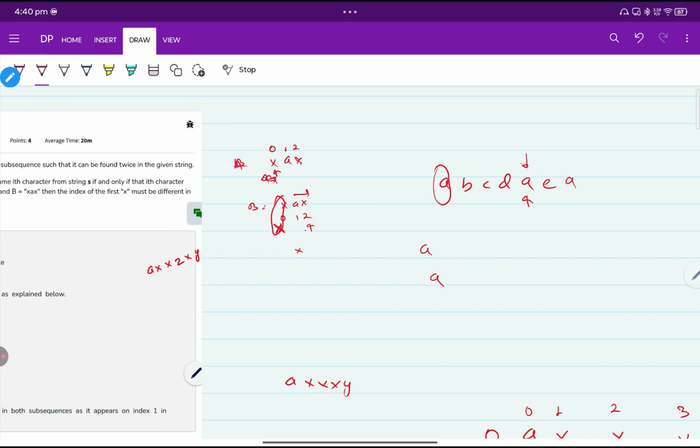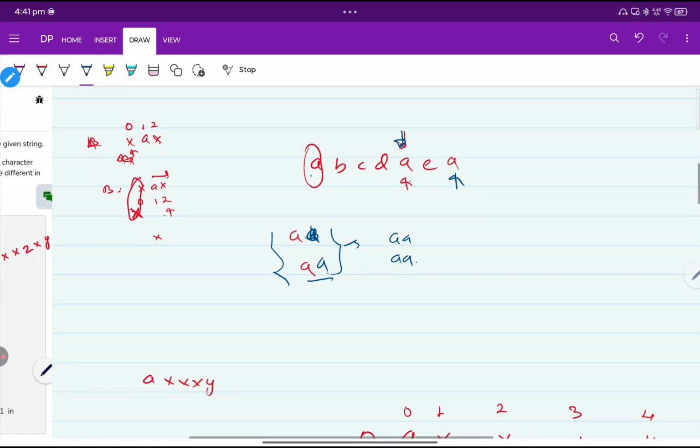Yeah, you can select this A in the first string at another position. That means this A is selected here, and this A is selected here. That means the longest common subsequence is a double A here.